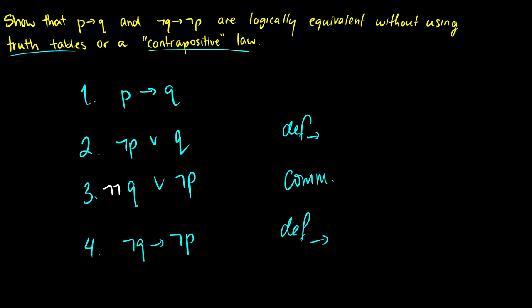So this is how we use the definition to get to the contrapositive law and to show that P arrow Q is equal to not Q arrow not P.